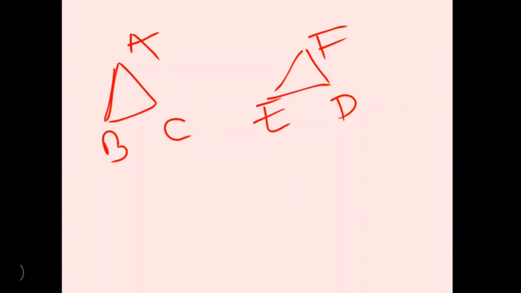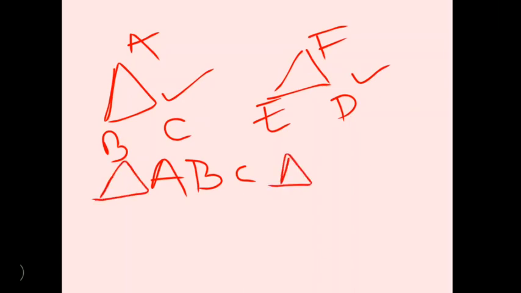So in this triangle I am writing ABC, and for the other triangle let me write the symbol as triangle FED. So what are the corresponding parts here? If we are considering the angles, every part, that is side or angle, may be equal in these triangles, right?